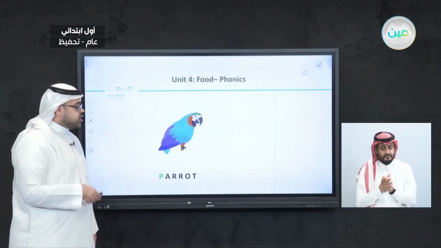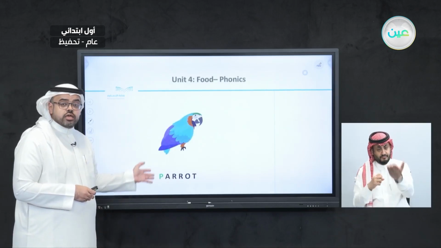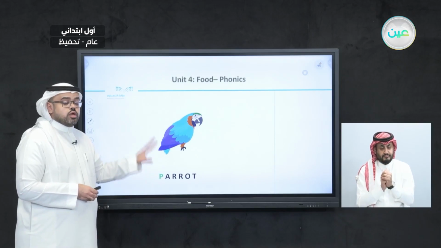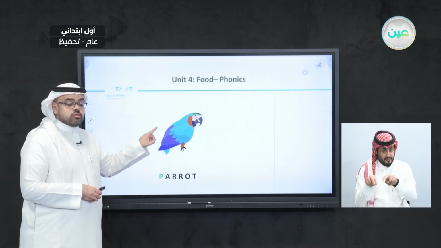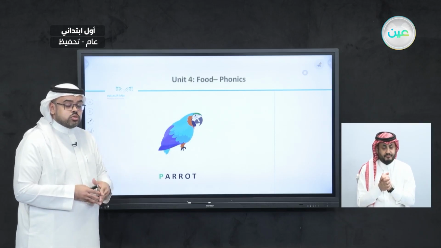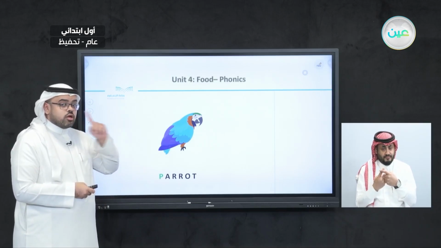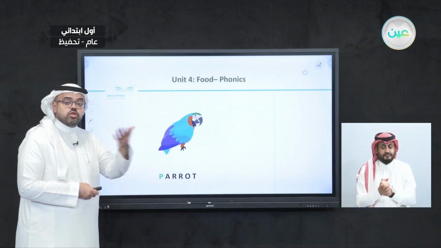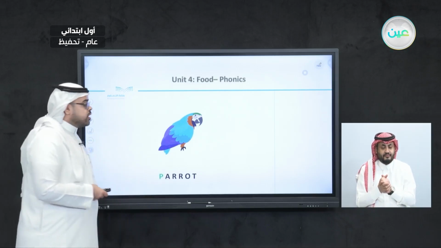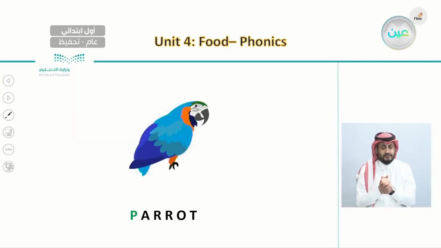Now, let's get to know the second picture. Here, this is the second picture about this animal or this bird. What we're going to do now is we're going to listen to how to say this word, and after this, you will say it with me. So the second one we have is parrot.